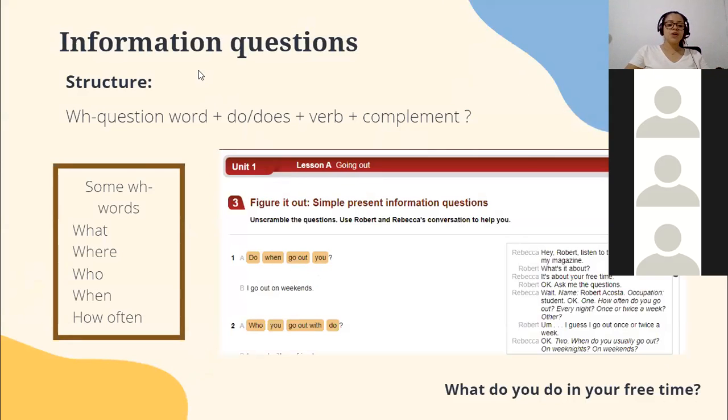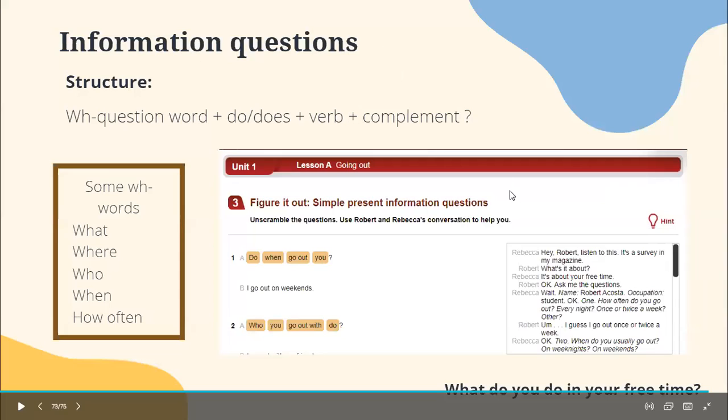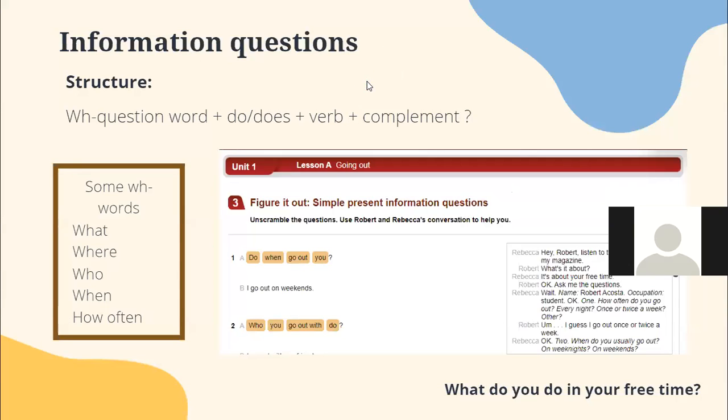So, information questions. Remember that information questions are not yes or no questions. We have two types of questions in English: yes or no questions and information questions.